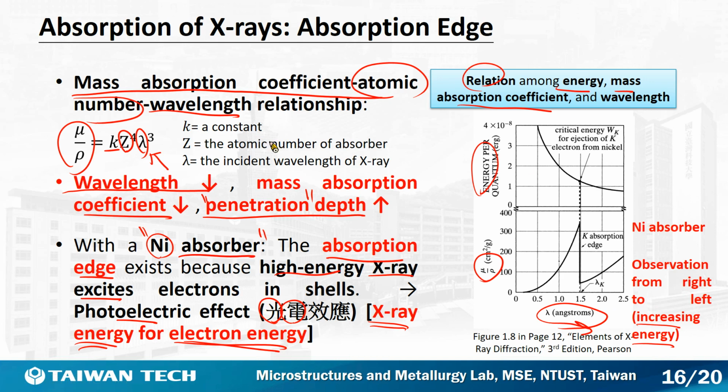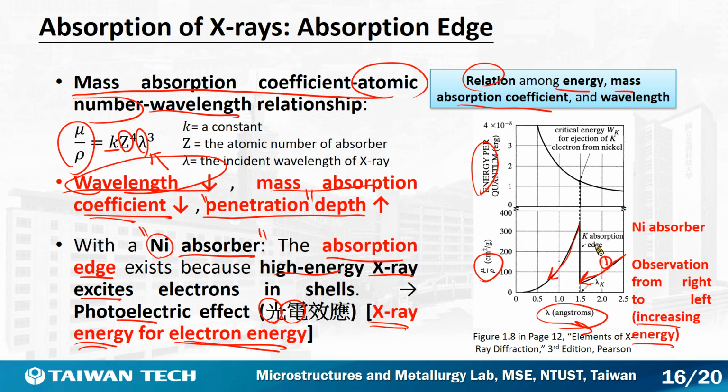Okay, let's see here. If we have a decreasing wavelength, we know that the mass absorption coefficient will decrease. As you can see here, it will continuously decrease. Then something happens: there is a very sharp rise in the mass absorption coefficient. After that, it continues to decrease.